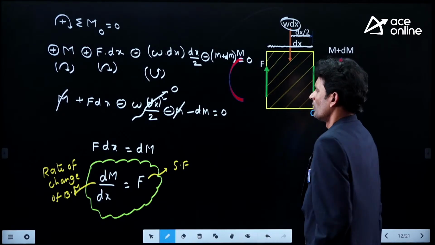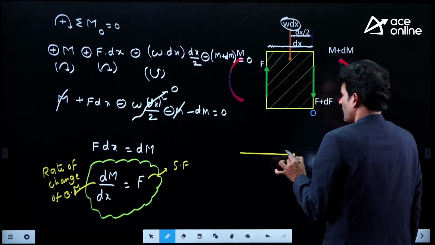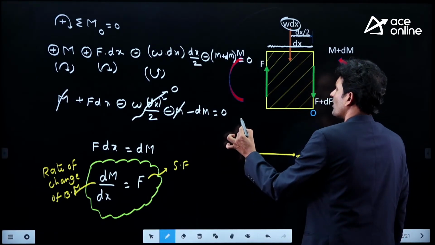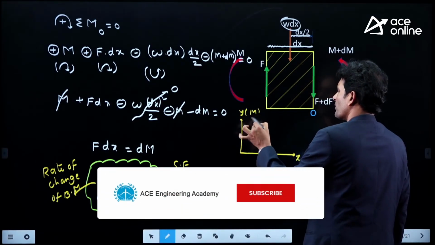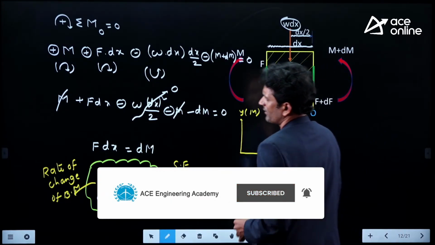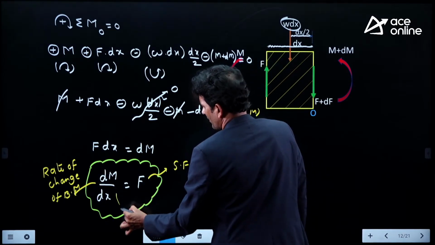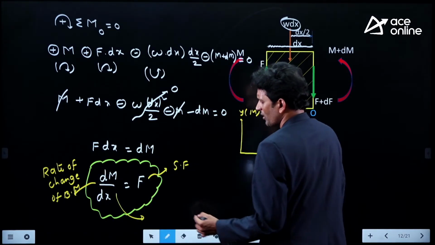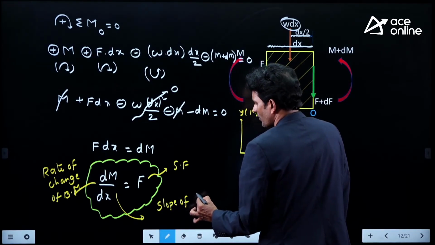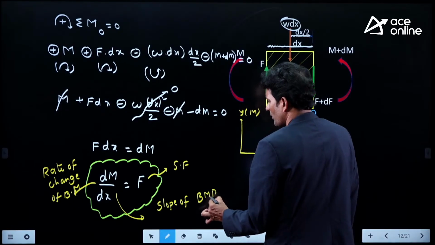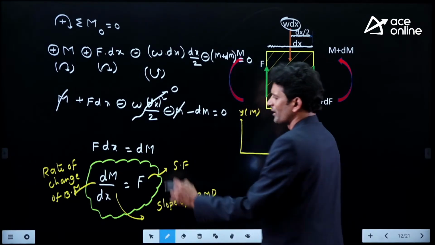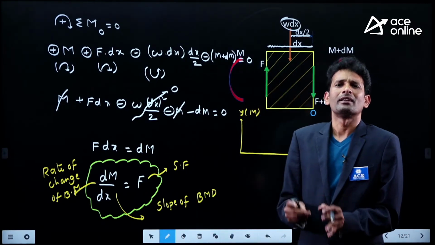As we know, when we are plotting the bending moment values, along the x direction we are placing the length of the beam, and along the y direction we are placing the bending moment values. Obviously we know that. So by observing this term, dM divided by dx is also called the slope of the bending moment diagram. The slope of the bending moment diagram at one particular point gives the shear force acting at that point.